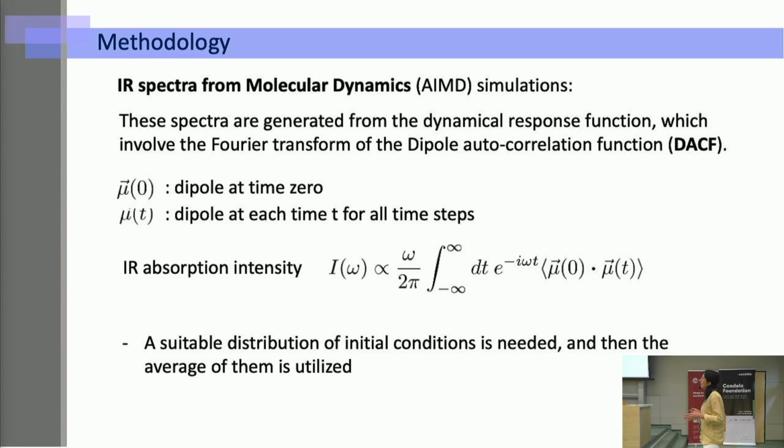You collect the dipole moment all along a trajectory, and then you have all this information in time, and then you apply a Fourier transform to go from the time domain to the frequency domain, finally getting the IR. Important to know is that for this to be valid, you need to work with an ensemble of trajectories.